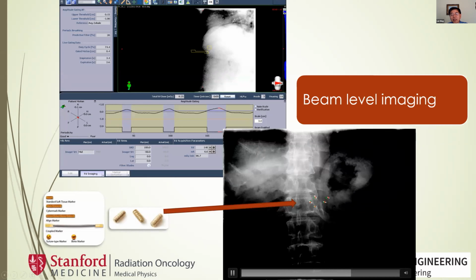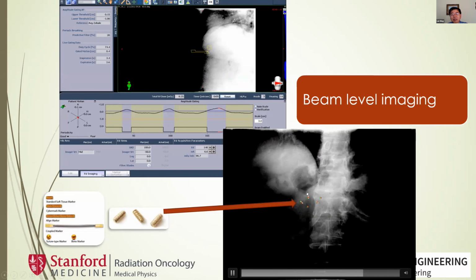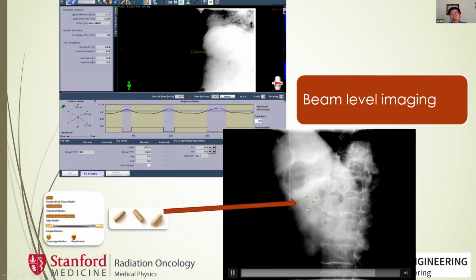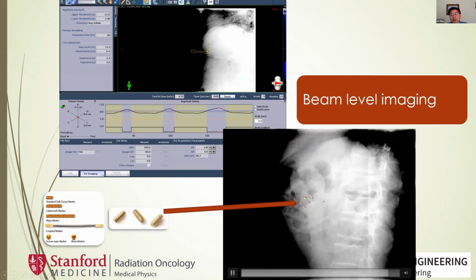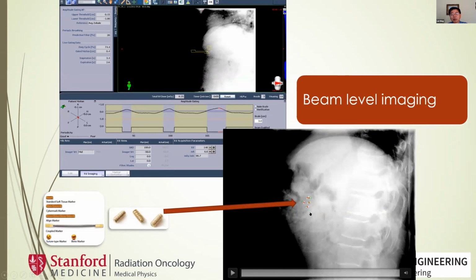What you're seeing here is a patient whose tumor cannot be seen on the X-ray image. So in order to see it, we have to surgically implant some metallic marker, in this case gold, into the tumor in order to see it on the X-ray. Obviously this is costly and invasive.